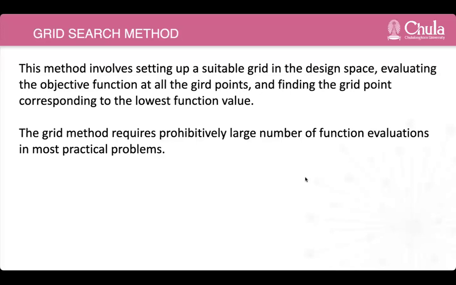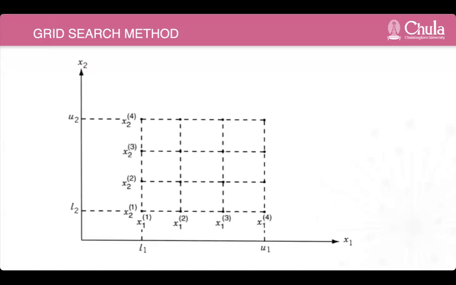For grid search, it is more efficient than random, but it requires heavy computational effort. Why? Because imagine that you have two variables and you want to evaluate all the region here.